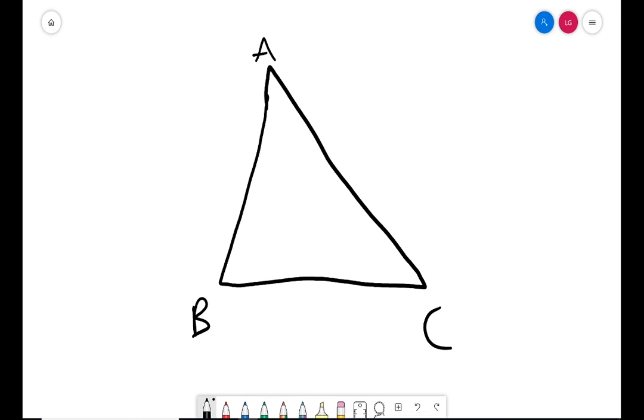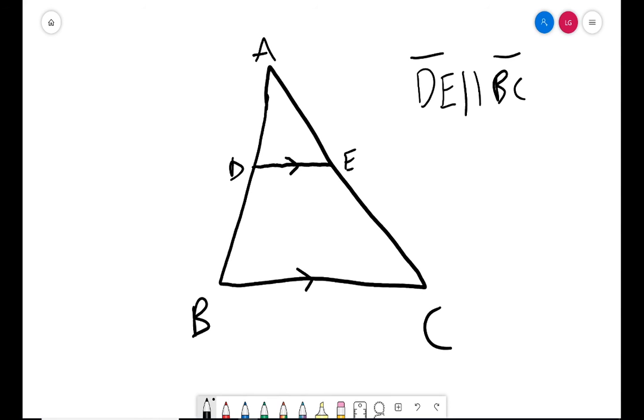But in the interior of the triangle, there's a line segment here called DE. And what we are given, what we know, we're told that DE is parallel to BC. Okay, so see what that means. DE is parallel to BC. So this line segment and this line segment are parallel.